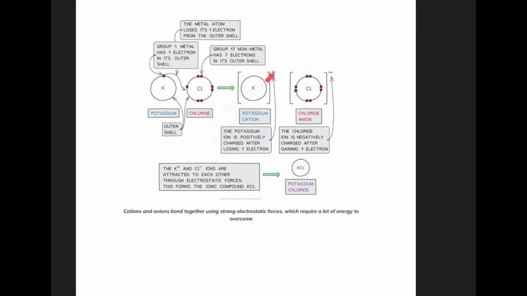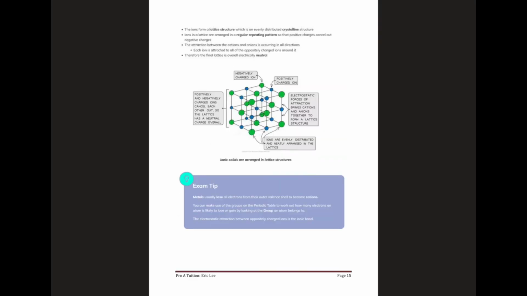Potassium losing 1 electron becomes positively charged. Chlorine accepting 1 electron becomes negatively charged. Now they attract each other and form the ionic compound. When they ask you to draw the ionic compound, we draw like this, with square brackets and the charges.